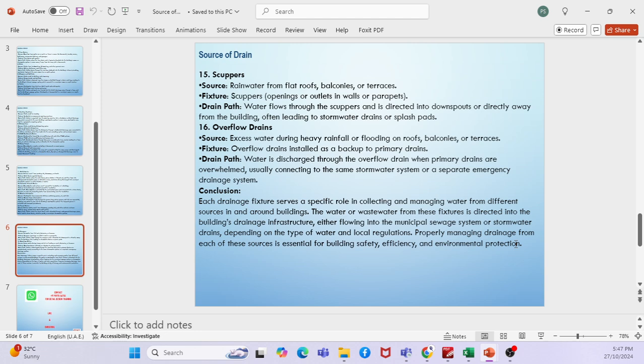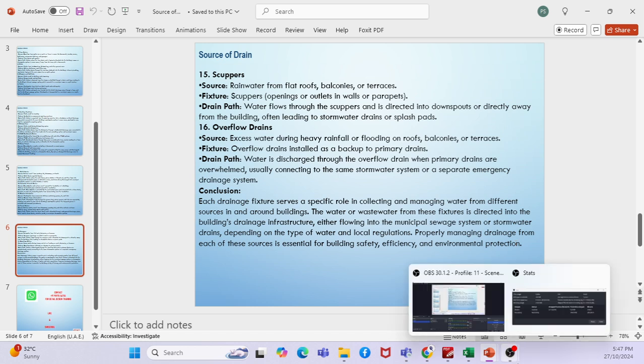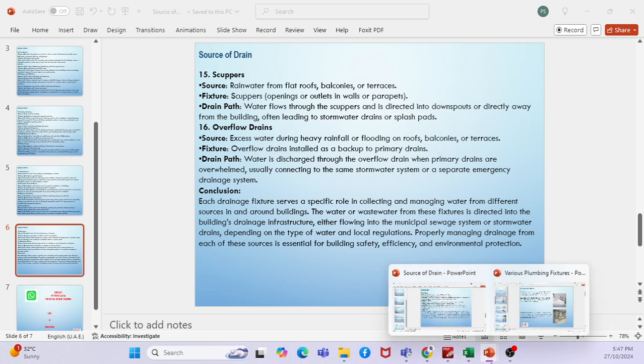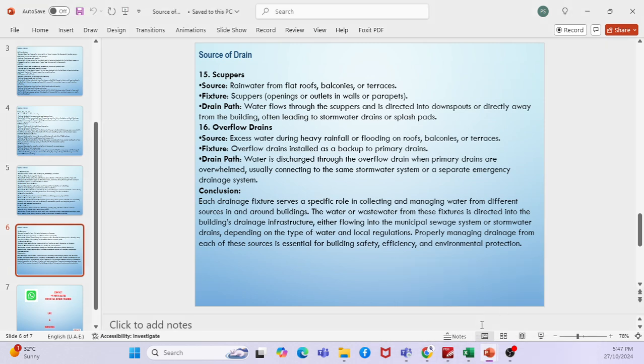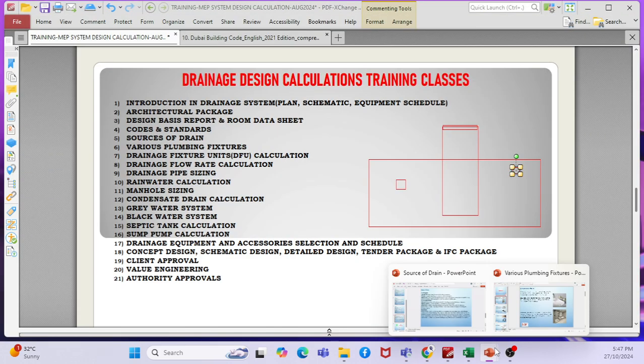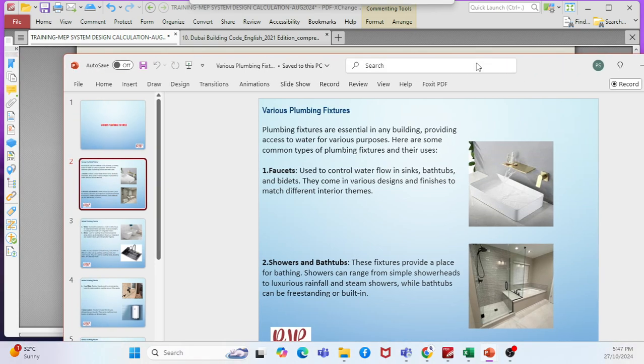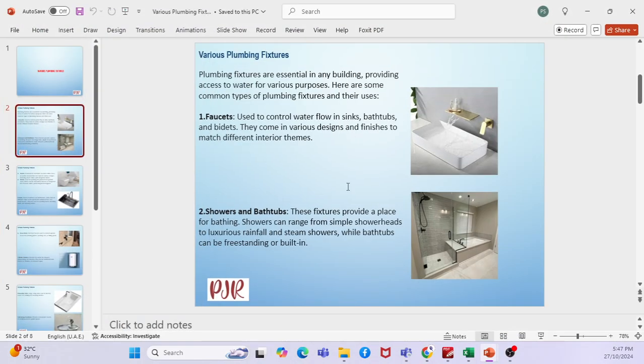Here we are discussing the source of drains, and there are various fixtures, right? If I open the various fixtures item, I think everyone knows that there are different types of fixtures, like faucets, showers and bathtubs.